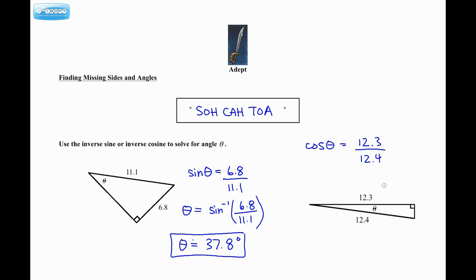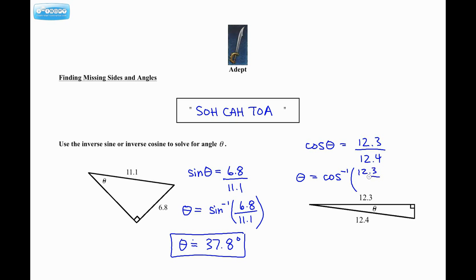Now, if you're working with sine and cos, if you get these numbers in the wrong order and you try and find theta, your calculator is going to give you an error. If that happens, 9 times out of 10, it's just because you put the numbers in the wrong order. Please don't do that. So theta is the inverse cosine of whatever this number works out to be.